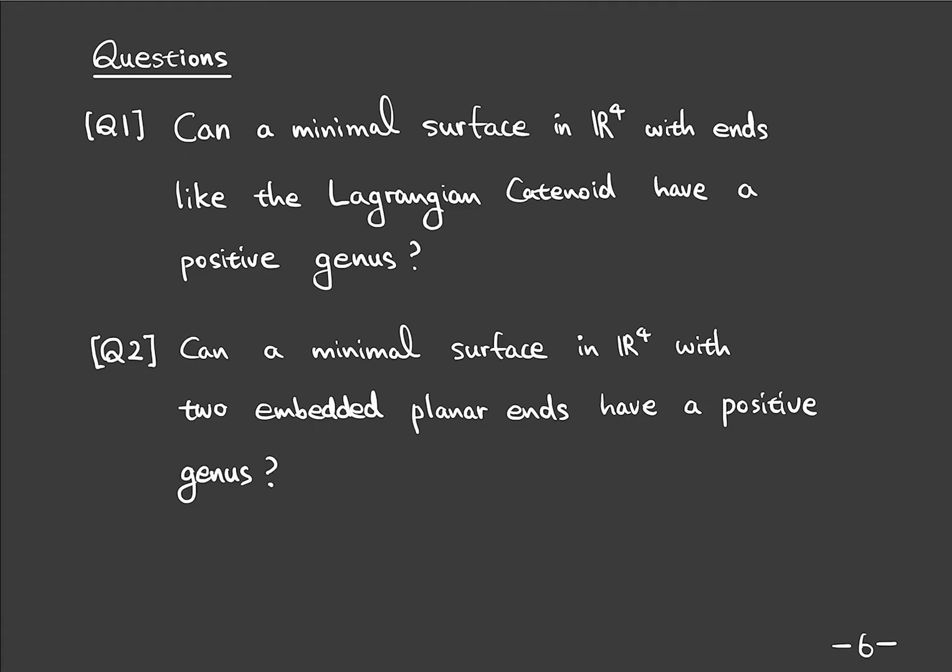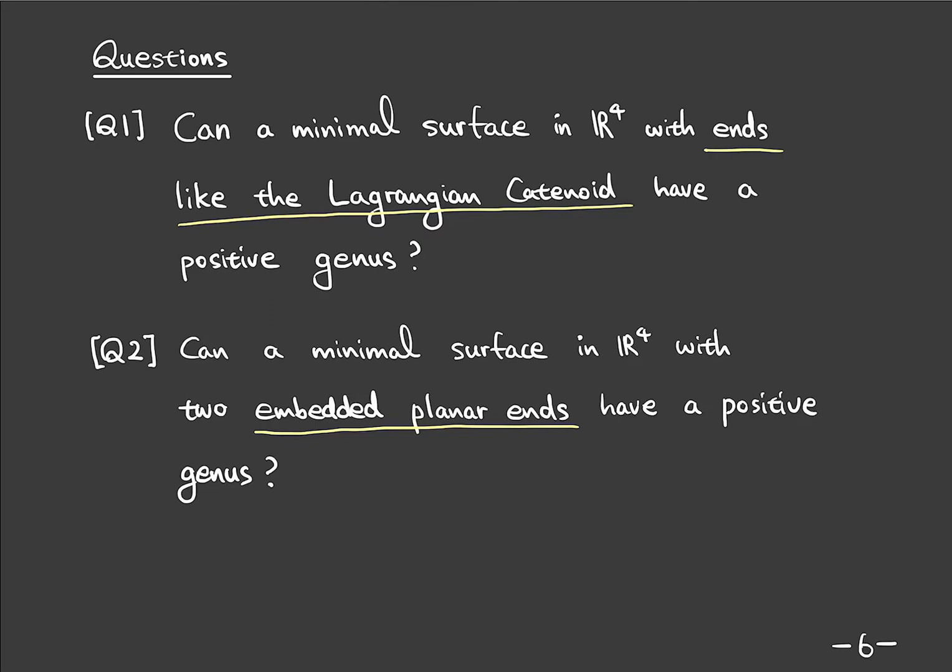Note that the first question is more restrictive, and we will explain later what it means for ends like the Lagrangian catenoid, and embedded planar ends, after we recall the generalized Weierstrass representation formula.